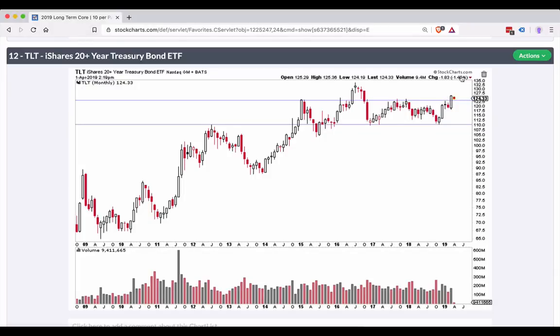Maybe this is a last gasp effort to turn into some type of false breakout, which ends up resolving very badly for bulls. Certainly possible, but the way I interpret the technical pattern here is, as long as we're above now 122.50 or so, I am constructive here. If we're holding above the upper end of this range, then I do like bonds here.